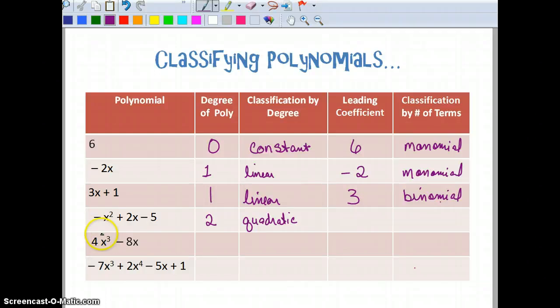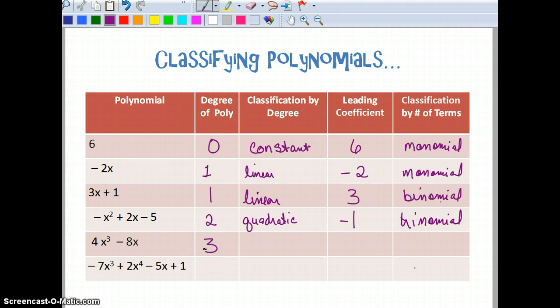Now, what's my leading coefficient? I'm in standard form. Oh, my leading coefficient for this one is negative 1. I have 3 terms, so it is a trinomial. Next, I have 4x cubed minus 8x. What's the degree of this polynomial? That's right, it's 3.